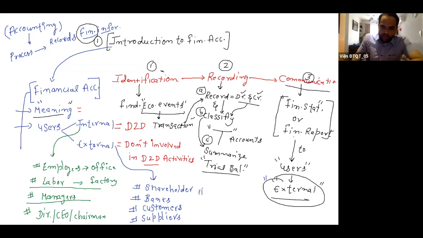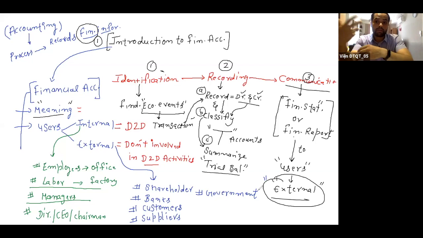And one more, it's the government. Government is also known as an external user. These kinds of users are much more involved in looking after the company, to see whether the company is following all the policies, procedures, rules, and regulations.